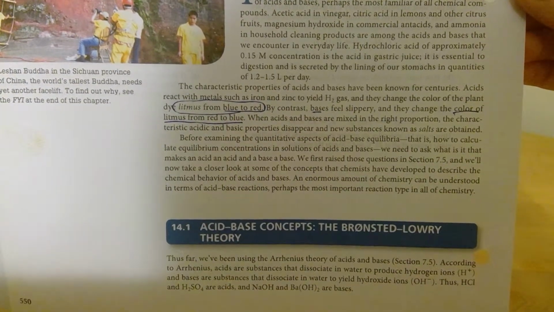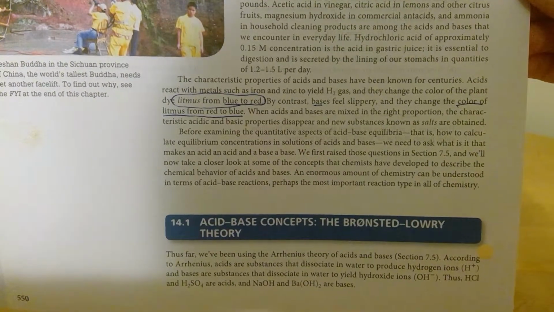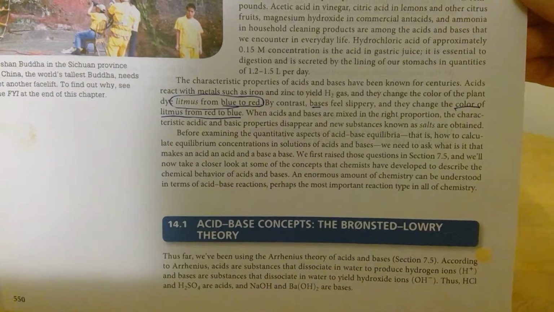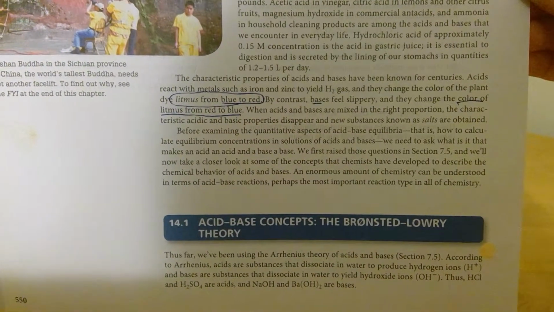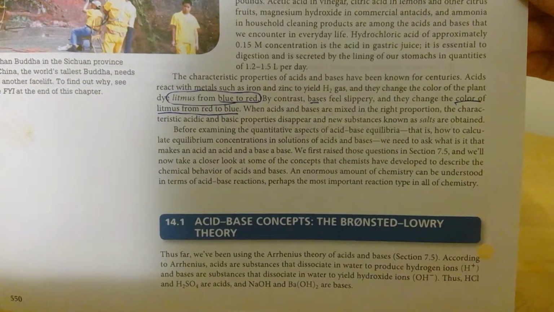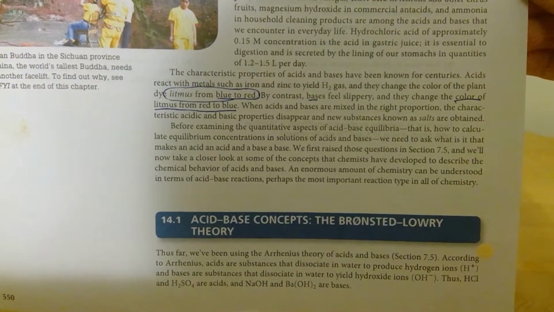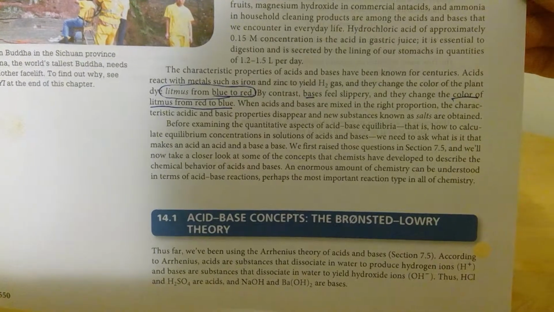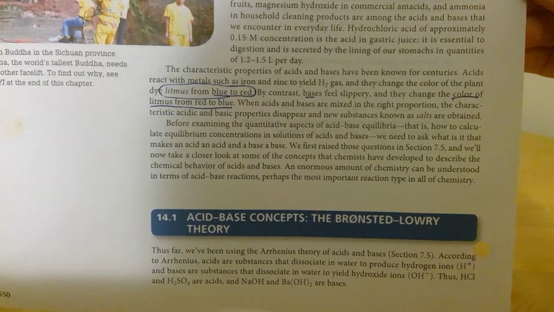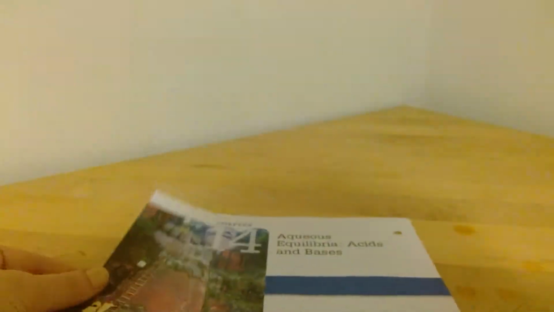Thus far, we've been using Arrhenius' theory of acids and bases. According to Arrhenius, acids are substances that dissociate in water to produce hydrogen ions, and bases are substances that dissociate in water to yield hydroxide ions. Thus, HCl and H2SO4 are acids, and NaOH and Ba(OH)2 are bases.